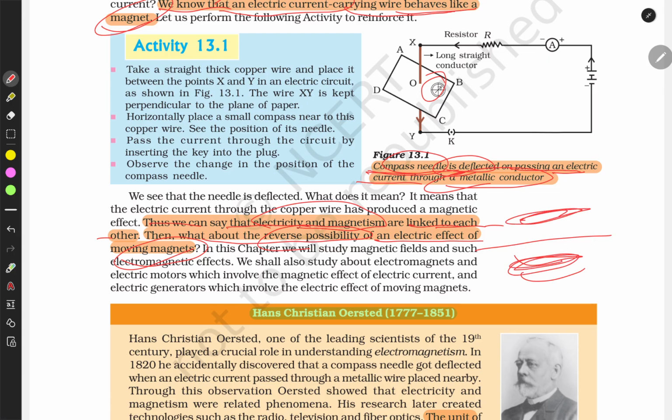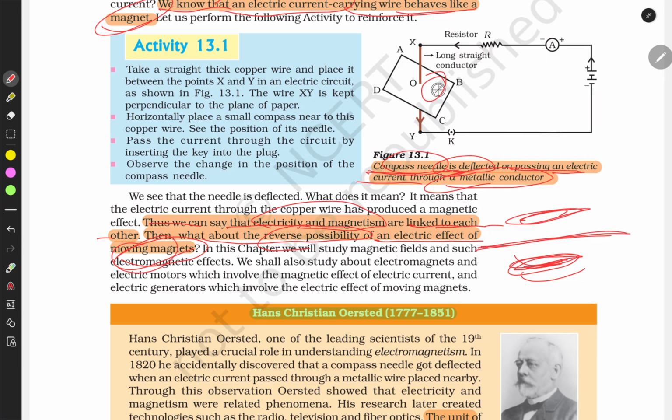If the current in the metal conductor causes a magnetic effect, then the magnet can cause an electric effect, vice versa.